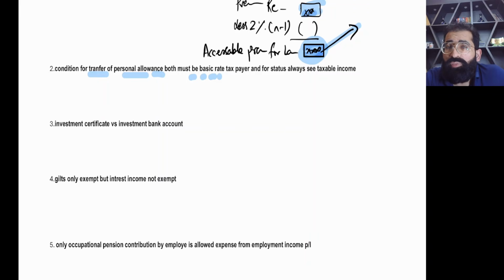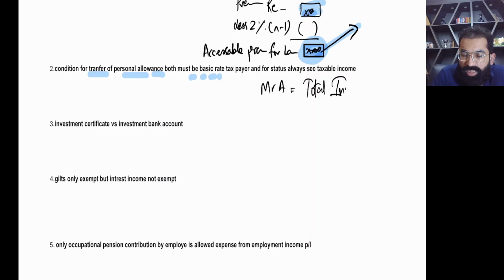So the first condition is very important: both must be basic rate taxpayers. And whenever you need to check the status of a taxpayer, don't just look at the total income. Taxable income is very important. For example, if they say Mr. A's total income is 40,000, it is greater than 37,700.